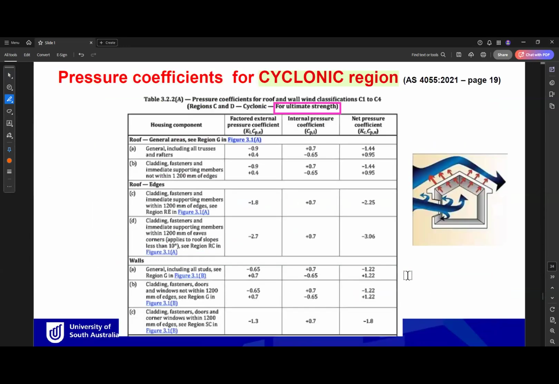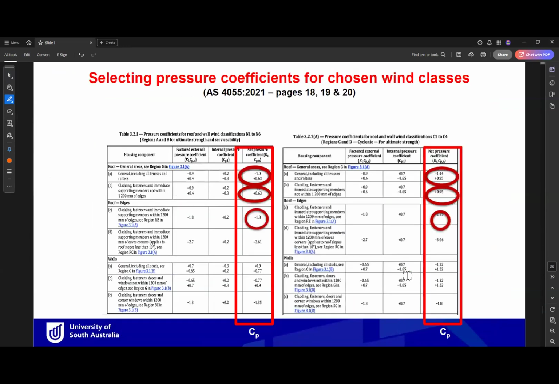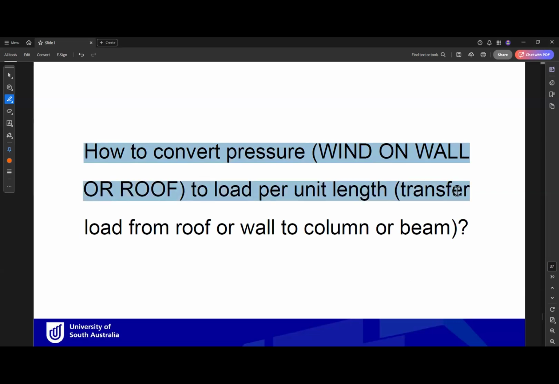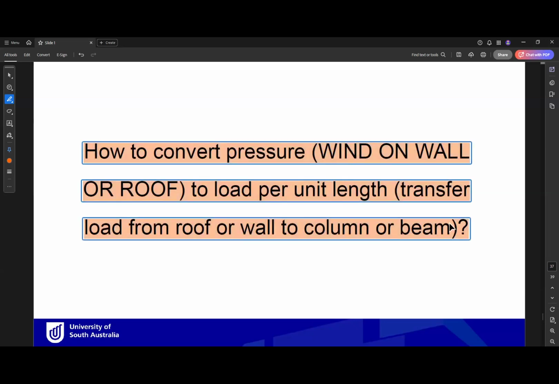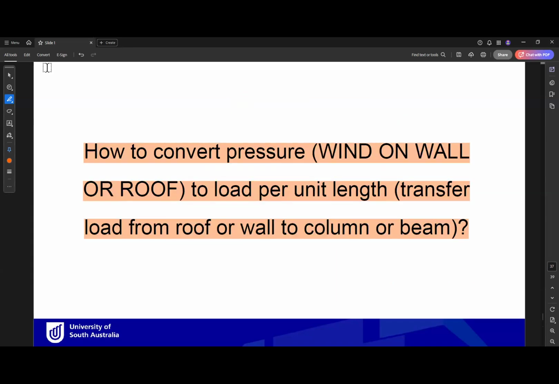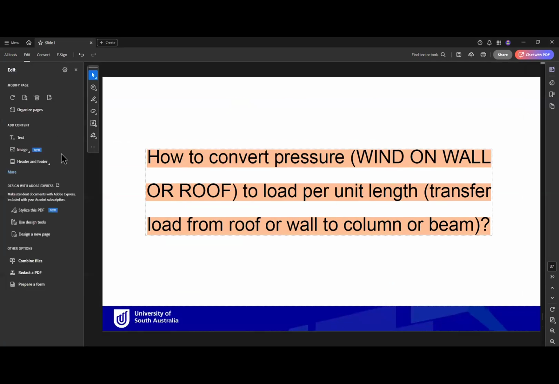So after we found all these coefficients, now how to convert the pressure to load per unit length, to transfer the load to the column or beam? Do you know how to do that? So I will just add a slide here quickly.